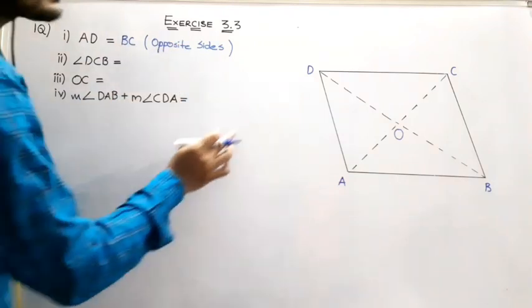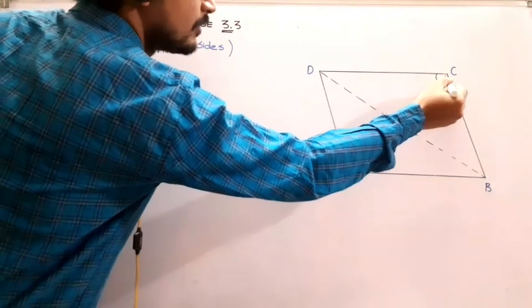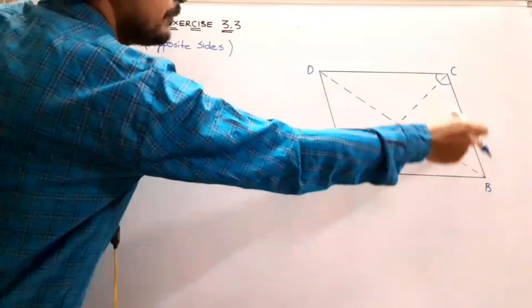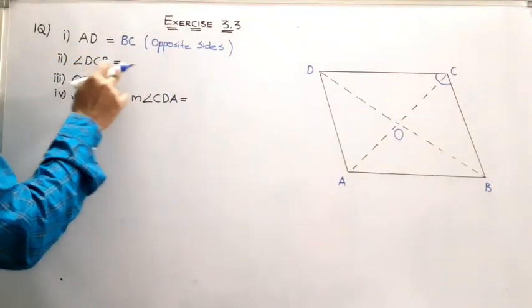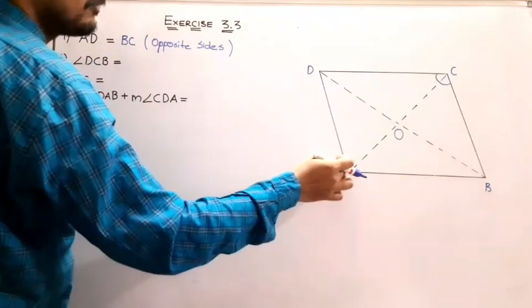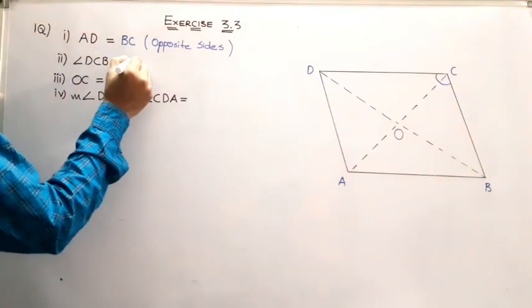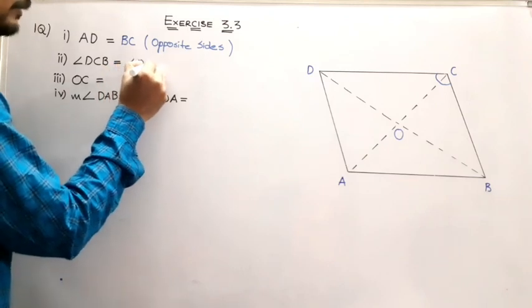Now, they are asking about angle DCB, that means this one. Angle DCB. Indirectly, they are asking what the angle C is going to be equal to. We know that in a parallelogram, opposite angles are equal. Okay, so we can write this as angle DAB.